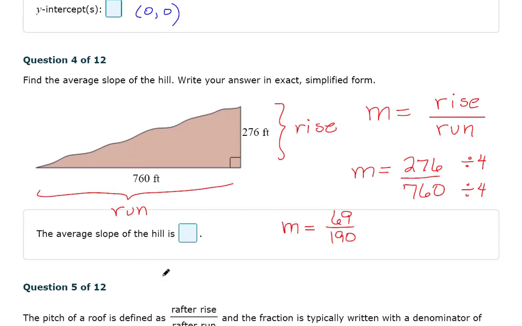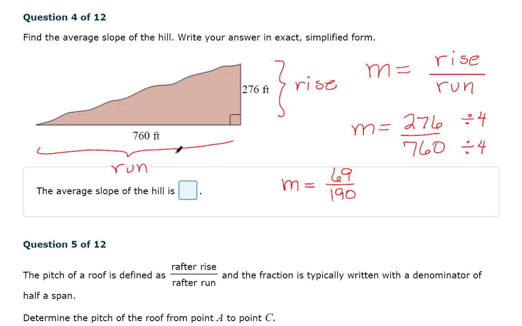All right, question 4. We have a little mountain here, a hill. And the hill here is 760 feet along the horizontal, and it rises up 276 feet.